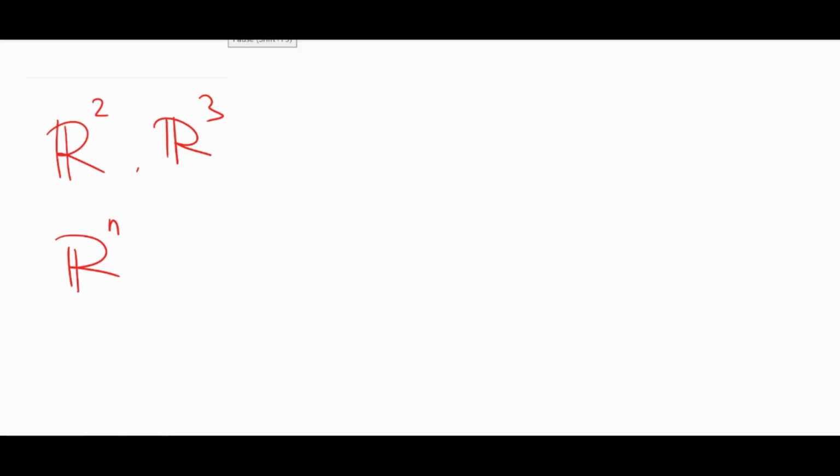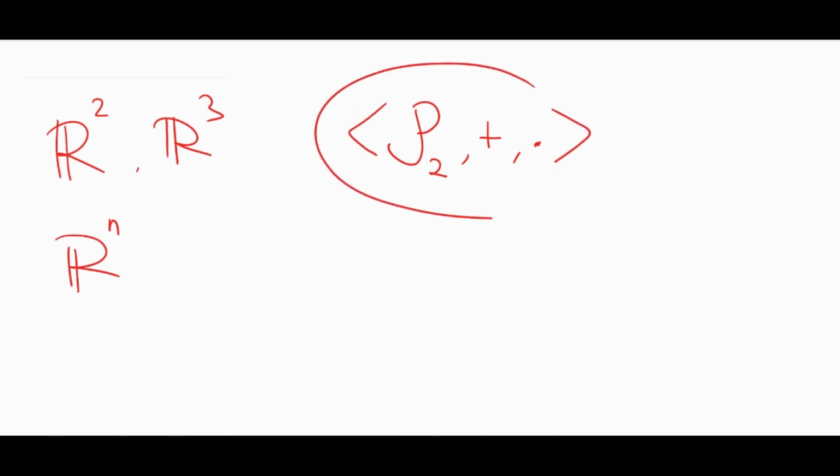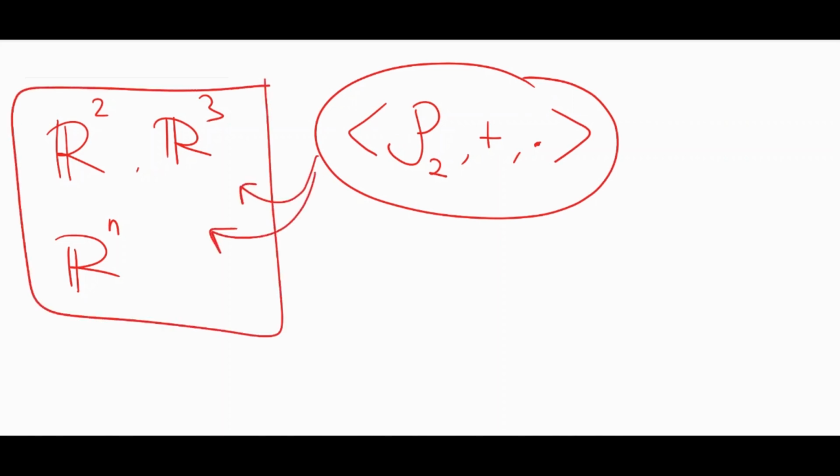And we realized that actually we can also find a structure such as the set of polynomials of degree at most n together with polynomial addition and scalar multiplication. It seems like this is somehow related to all the things that we know from what we call Euclidean space right here, right?